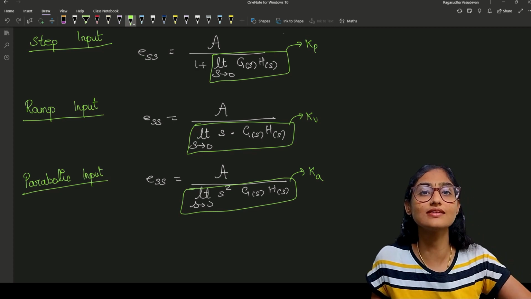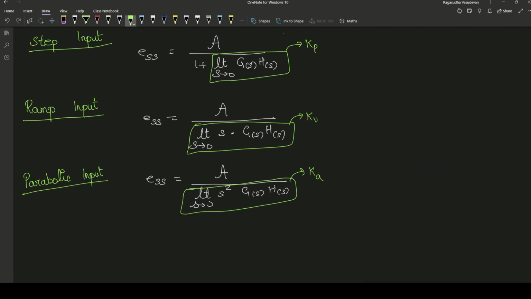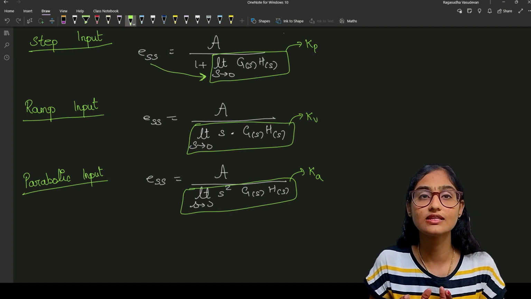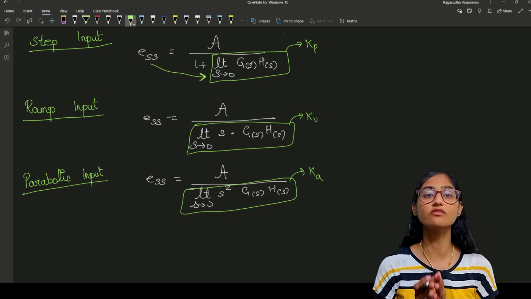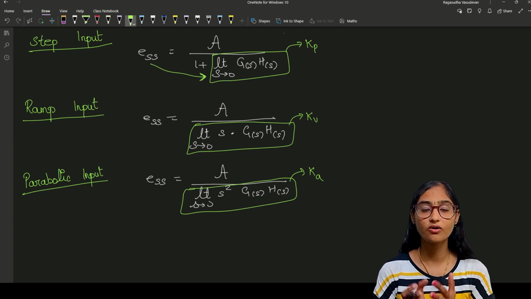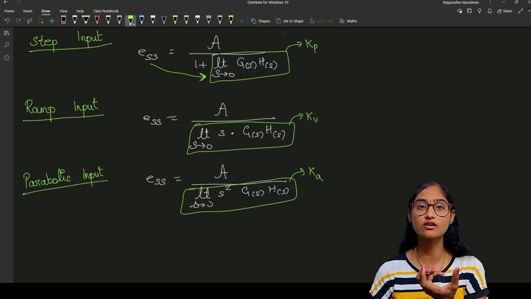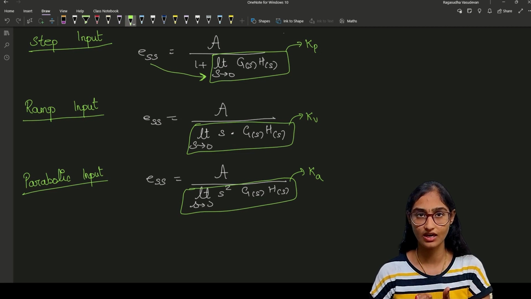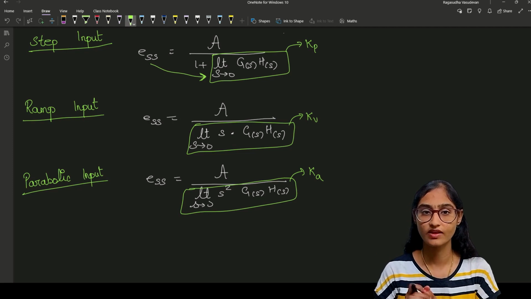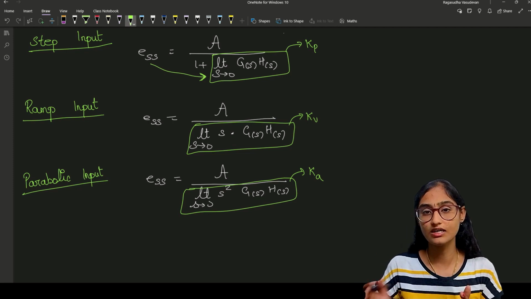Why are we defining these terms separately? Because ESS is directly affected by the denominator term, and whatever be the magnitude of the input, it is not the concern. Only the error constants Kp, Kv and Ka determine what would be the steady state error, and we are going to study that in detail.